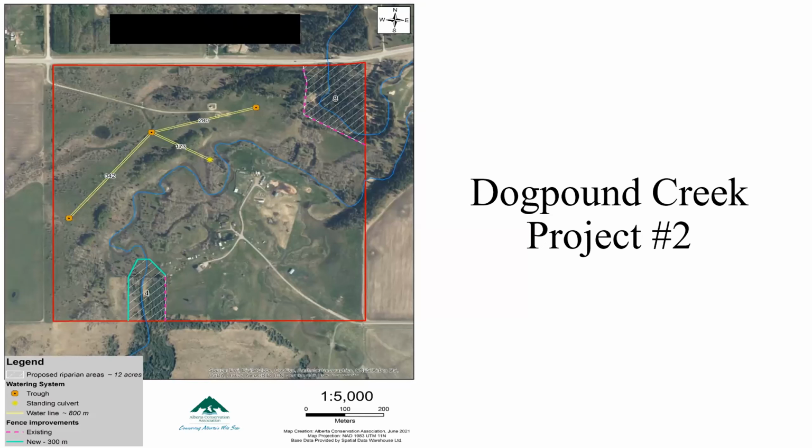And you can see in this picture, these yellow lines are basically where watering systems are placed in the upland, so in the more dry area away from the stream, and to direct cattle to those places so they don't need to go to the stream to drink. But the creek in this case is not fenced out, except at the ends where you see those marks with the green and the pinky lines around the stream.